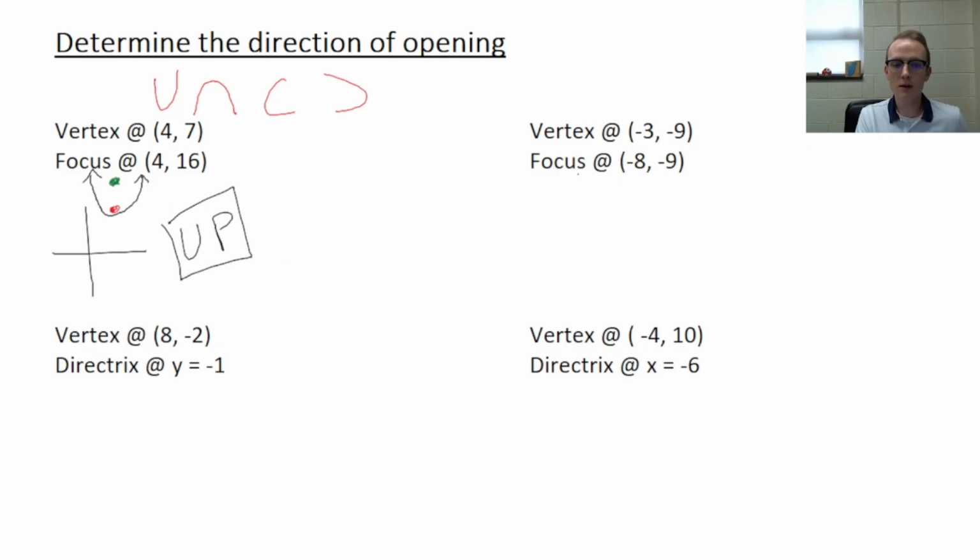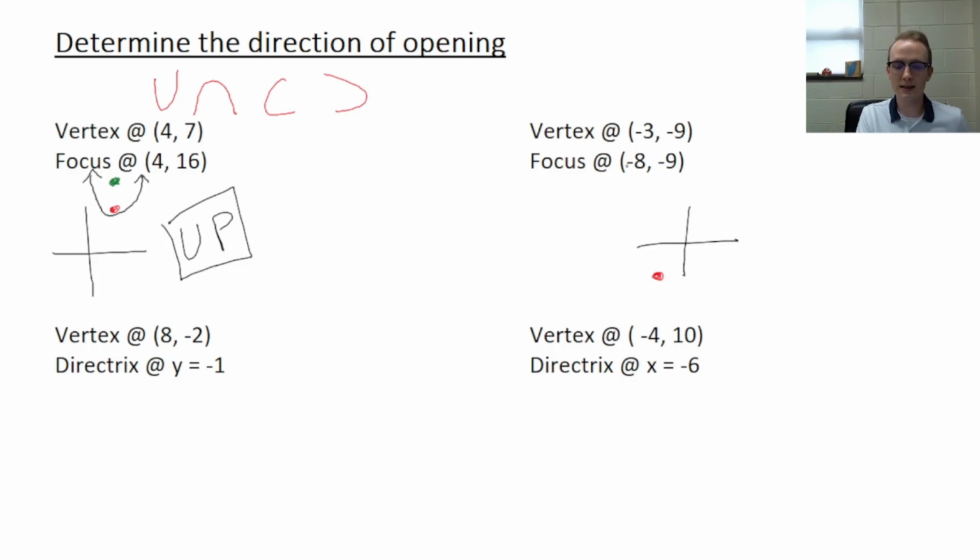This next one over here, we've got a vertex at (-3, -9). So if that's our x and y axes, we're going left 3, down 9, so our vertex is somewhere over here. Our focus is at (-8, -9). You'll notice that now we're going farther to the left than our vertex.